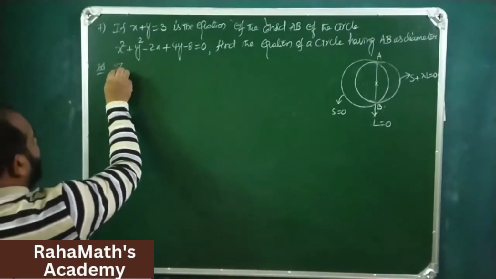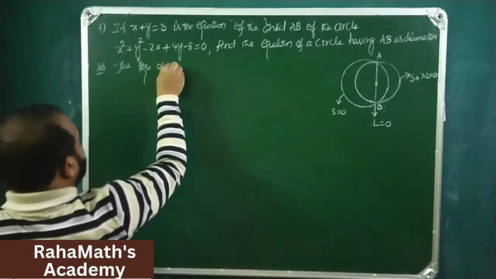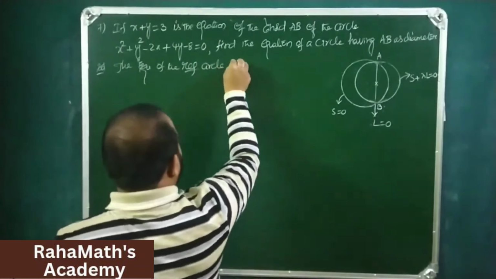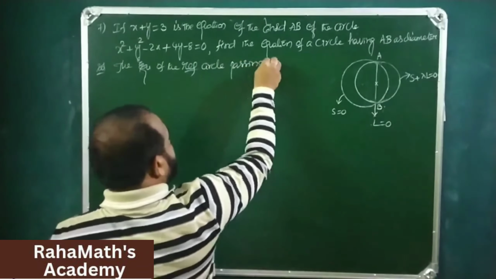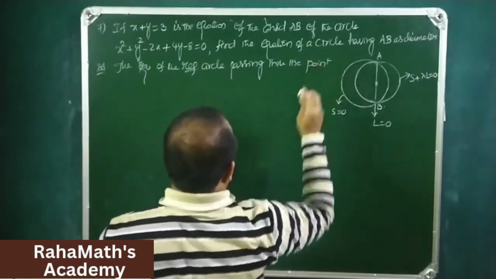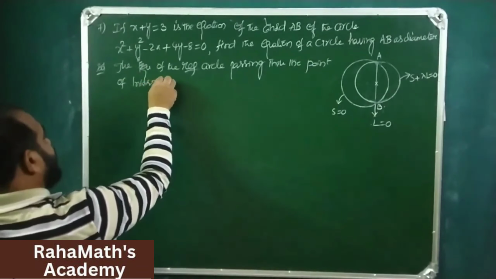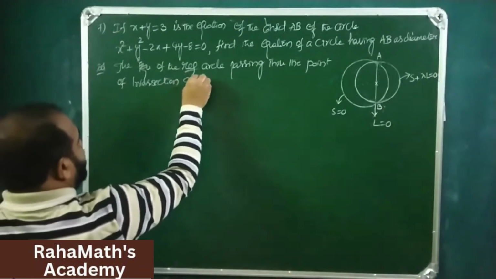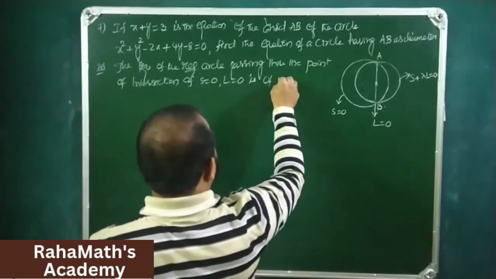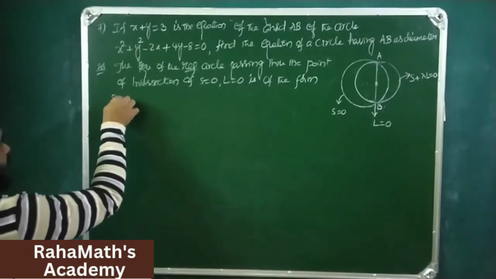So the equation of the required circle passing through the point of intersection of S equals to 0, L equals to 0 is of the form S plus lambda L equals to 0.